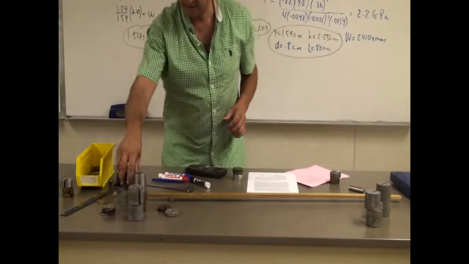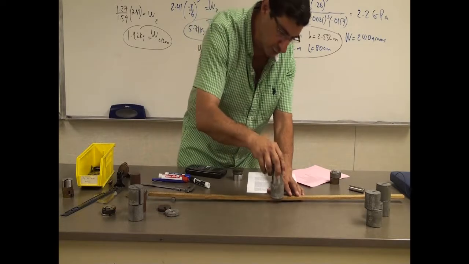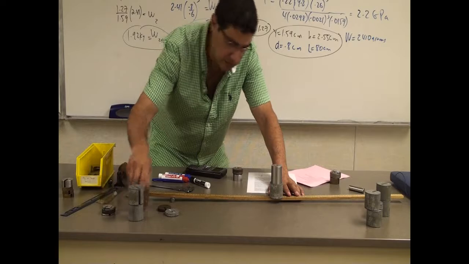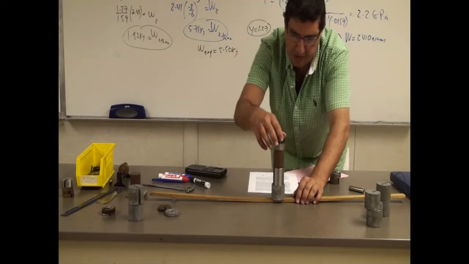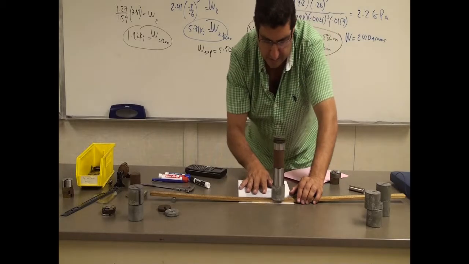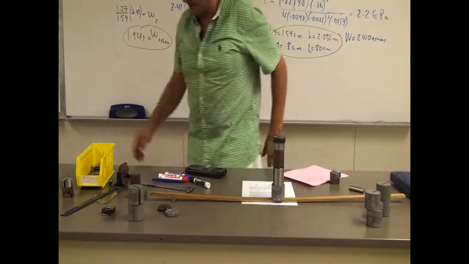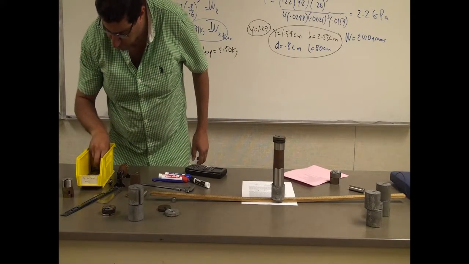So then I'm going to have here half a kilogram, 1 kilogram. And this is 1,900 grams. Let's see if I can slide the paper. So that's 1,900 grams.